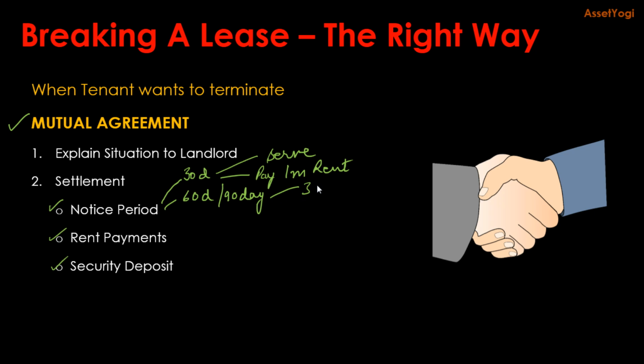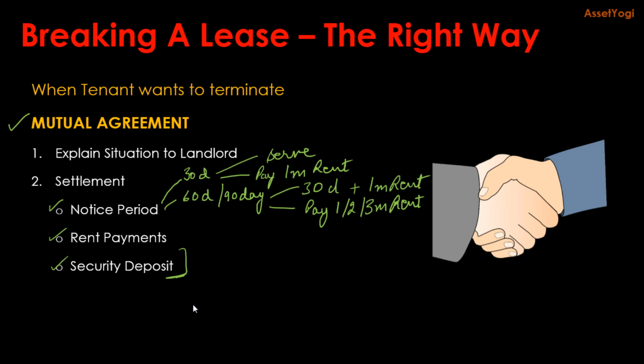You can probably ask him to, let's say, negotiate a 30-day notice, and you can partly pay plus 1 month rent, or you can completely buy out the notice period by paying 1 or 2 or 3 months rent depending on your notice period. So you have to negotiate that, and basically you can adjust your rent payments against the security deposit also.